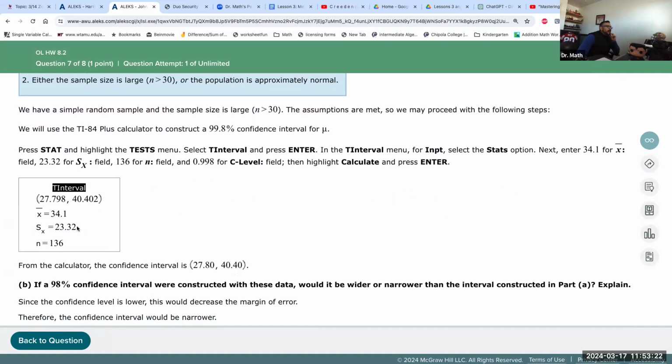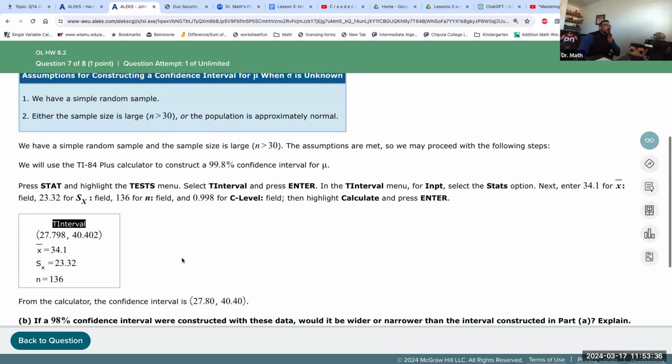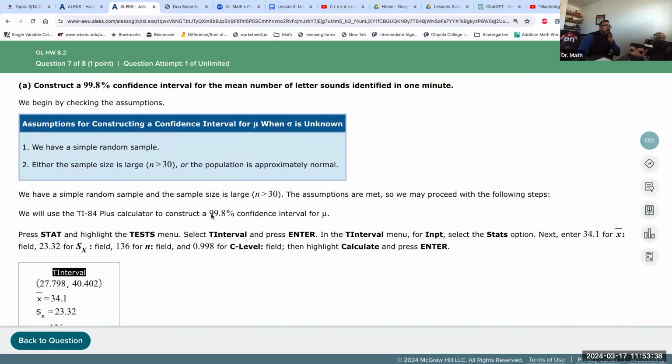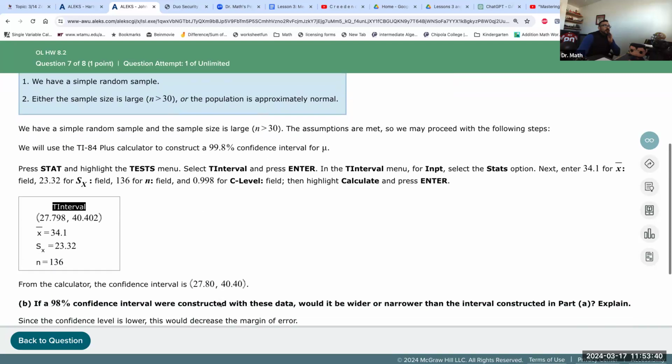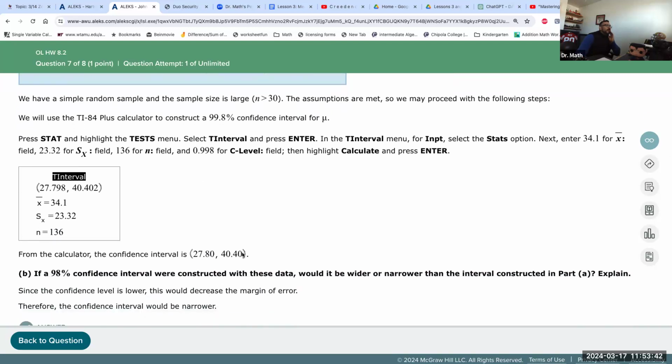Part B says if a 98% confidence interval were constructed with this data, would it be wider or narrower? I don't even have to run the numbers again. I just know that if our confidence level goes down, because remember, I was doing 99.8% for that last problem, then your margin of error becomes smaller.